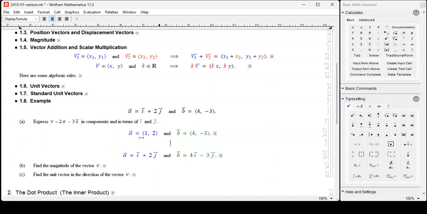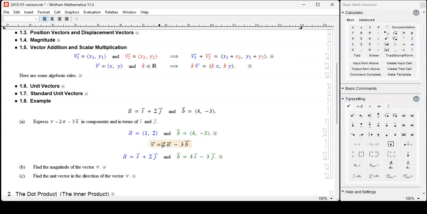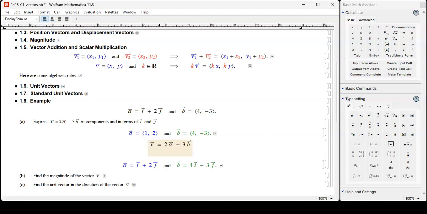V is 2a minus 3b. Okay. And then that is 2 times 1, 2, minus 3 times 4, -3.